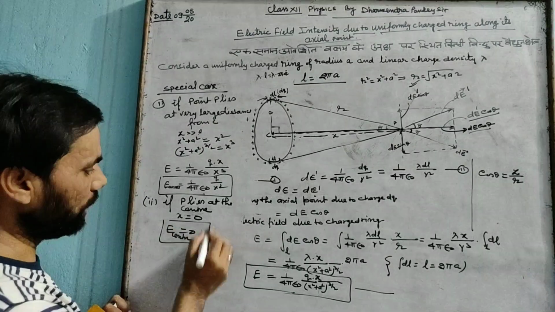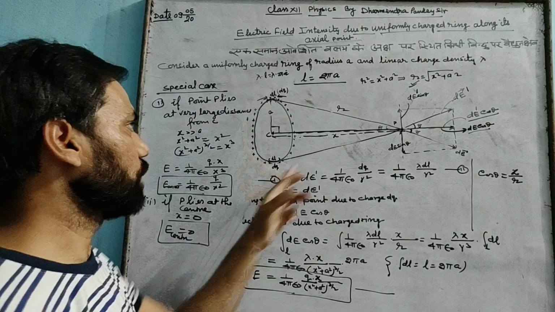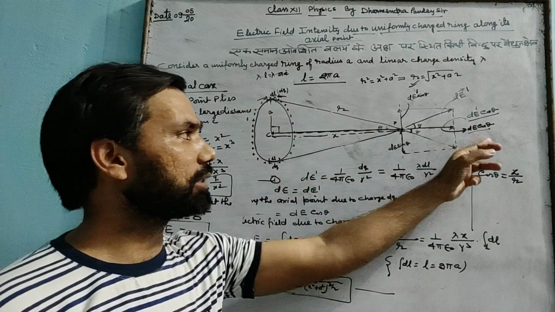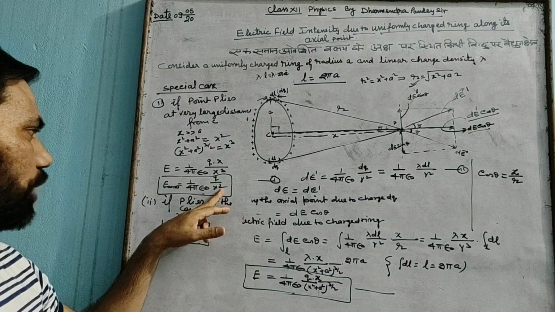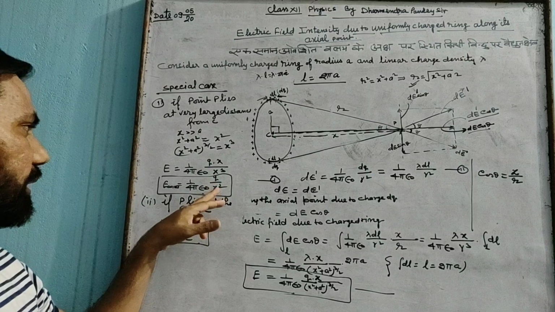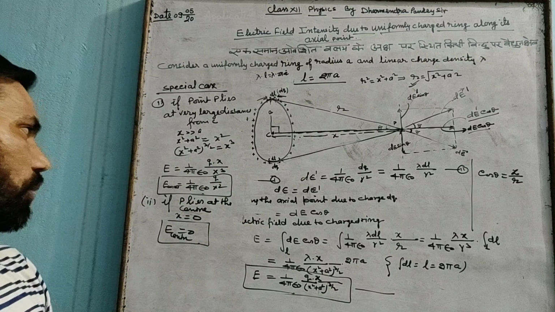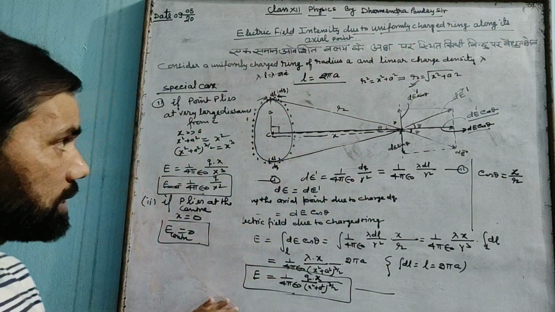So there is no field at the central point because of the charge distribution, but we have a certain field along the axial point, and the field along the axial point varies just as E is inversely proportional to 1 upon x square. Okay, so let us recapitulate this.